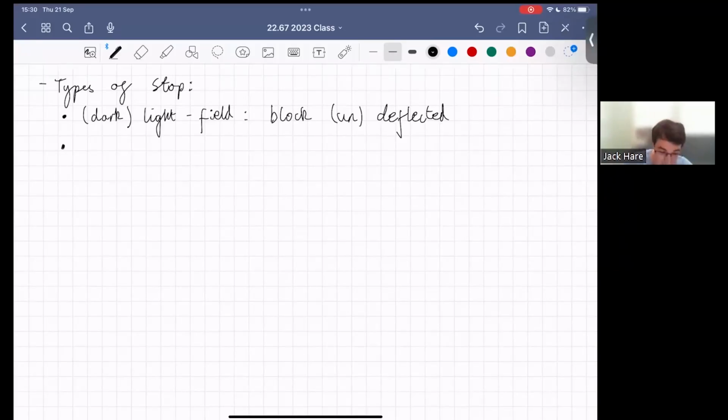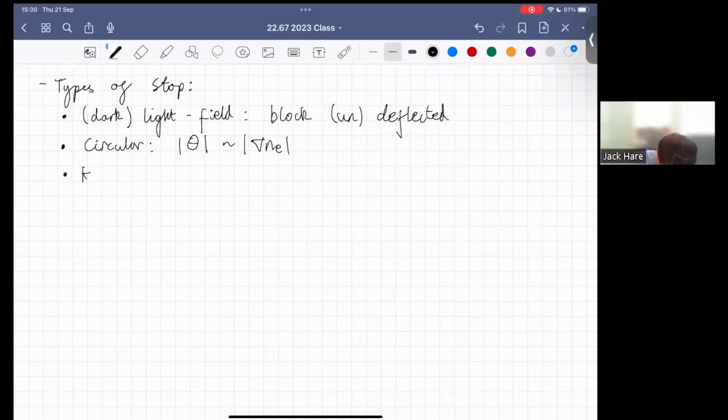We can also choose the shape of our stop, because our stop is a two-dimensional plane at the focal plane here. So we could have a circular stop, and that doesn't care what direction the ray is deflected in. It only cares about the size of the angle, so the size of theta. So that is basically, are there any large density gradients?